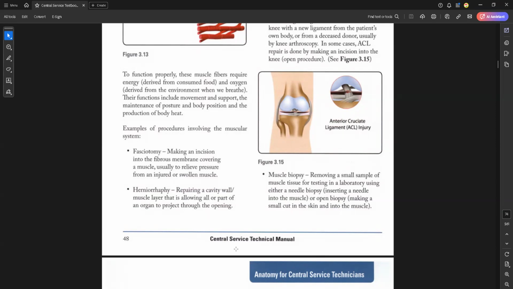It means removing a small sample of muscle tissue for testing in the laboratory, using either a needle biopsy or laparoscopic instruments. They can use anything that is approved to take some part of an organ. Now let's go next.